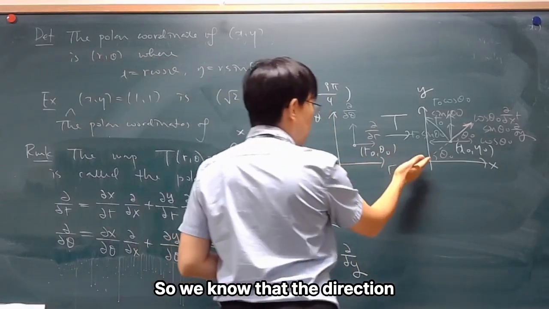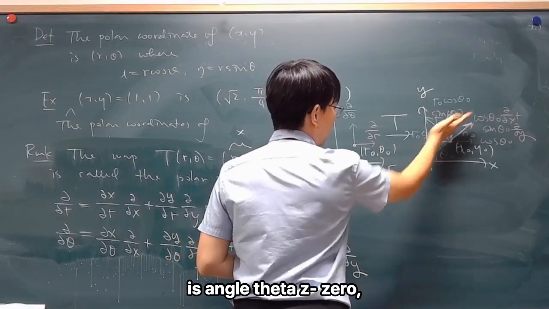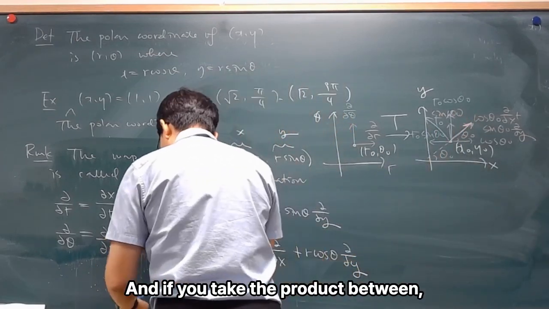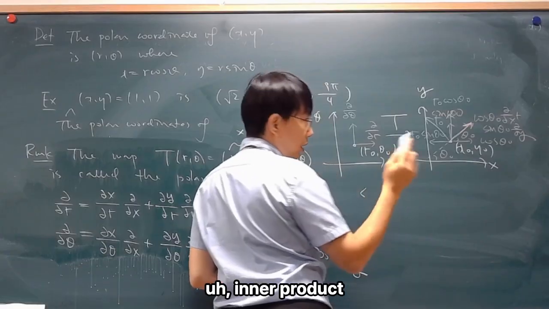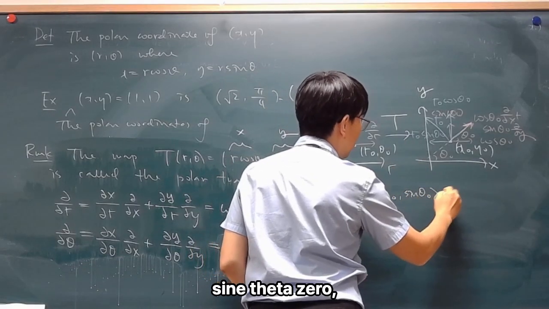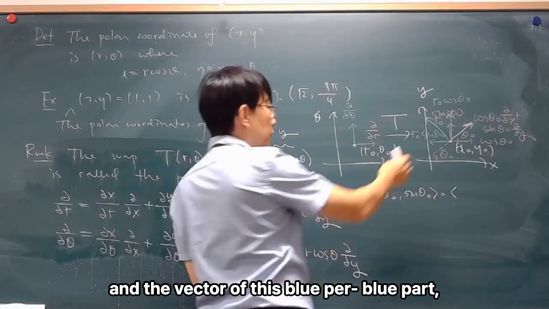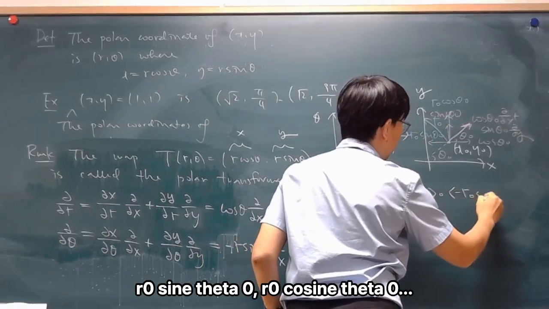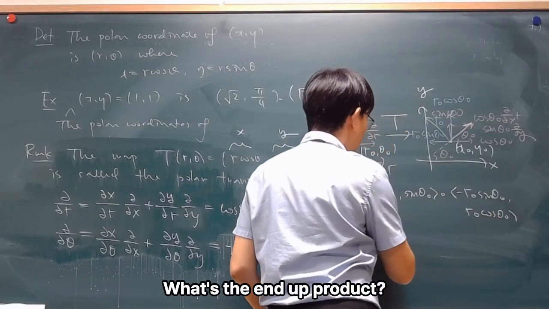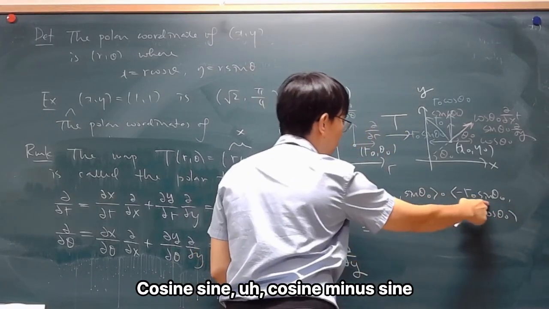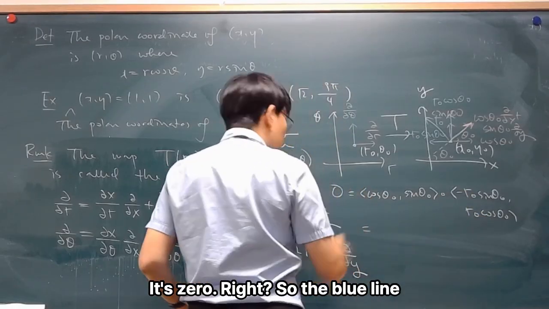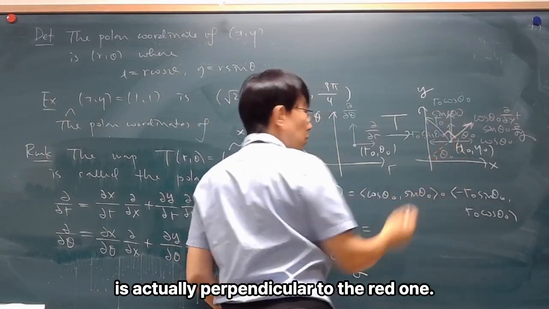We know that the direction that connects the origin to the point is angle theta 0, and that's cosine and sine. And if you take the inner product between (cosine theta 0, sine theta 0) and the vector of this blue part, (−r0 sine theta 0, r0 cosine theta 0), what's the inner product? Minus cosine sine plus sine cosine, with the same r0 here. It's 0, right? So the blue line is actually perpendicular to the red one.